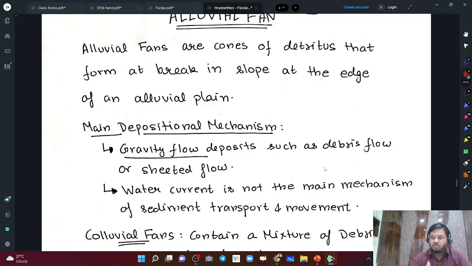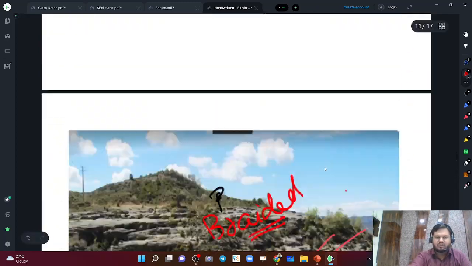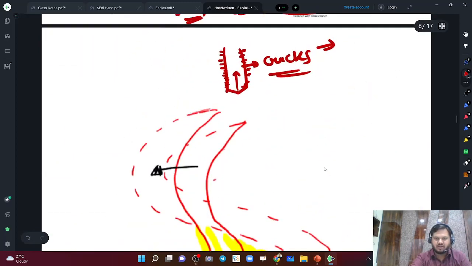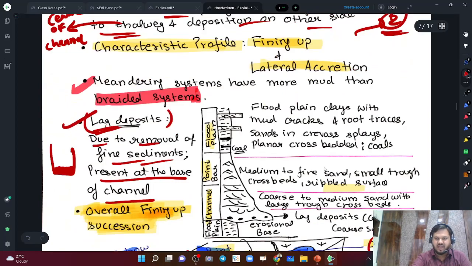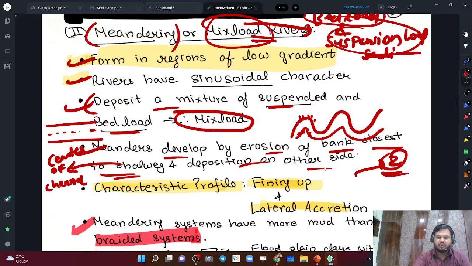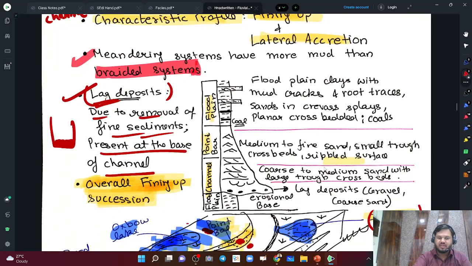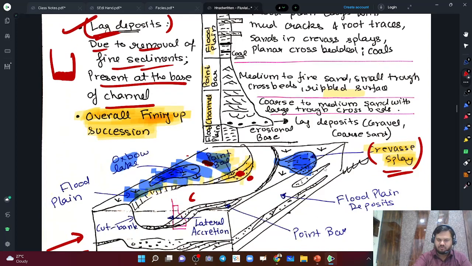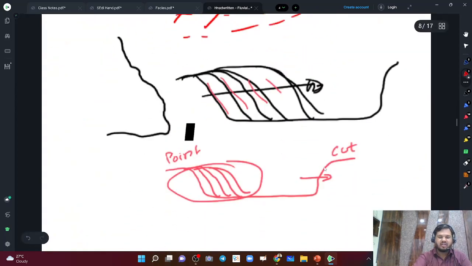Geography people also know those things, but I don't think anybody with only GS knowledge can write all of this. They can draw this diagram, but they don't talk about gradient or fining-up sequences and these kinds of diagrams. This is what differentiates your answer from a geomorphology or geography kind of answer.